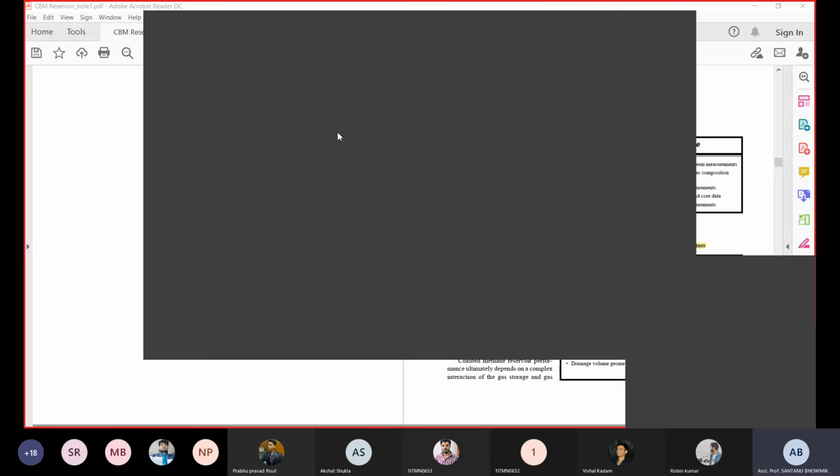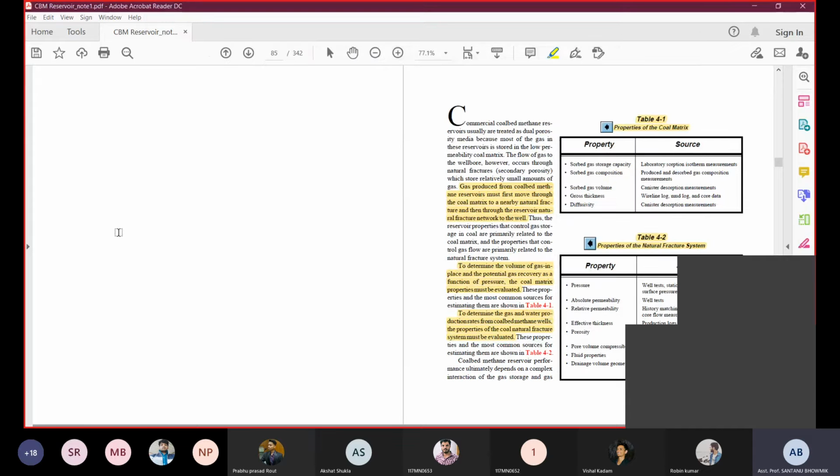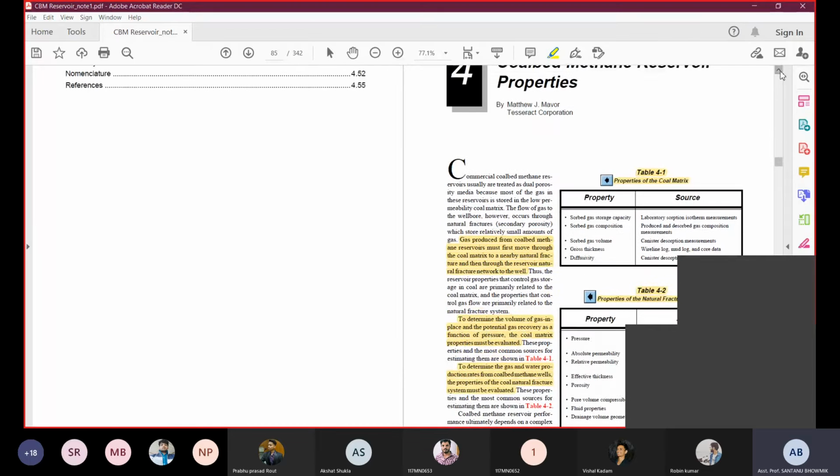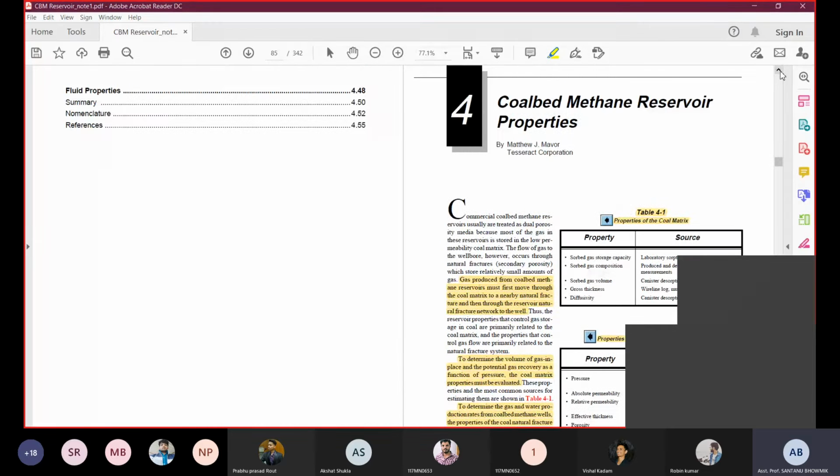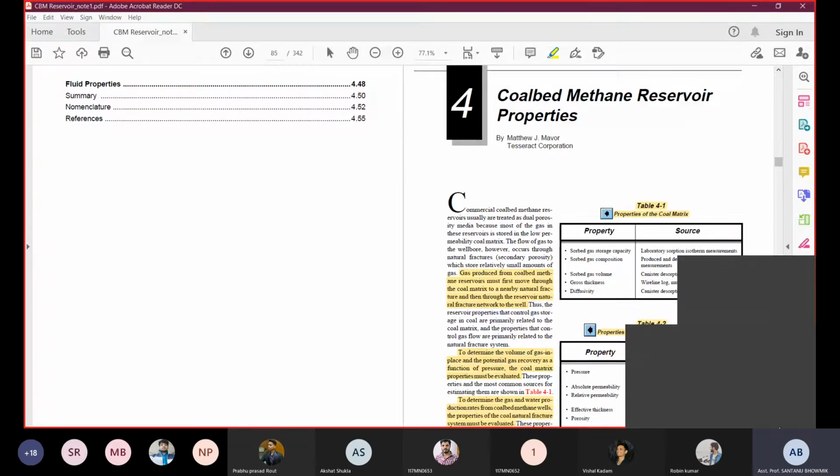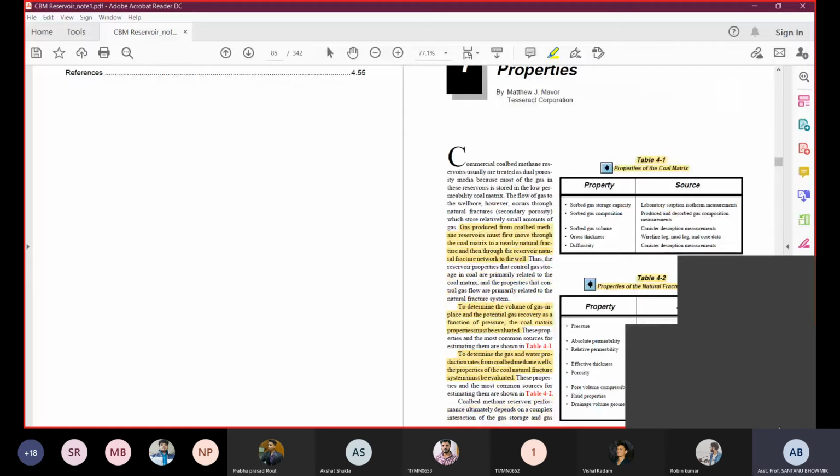So let us join with the fourth chapter. Let us start the fourth chapter. This chapter is going to give you the idea about the coal bed methane reservoir properties, the detailed analysis. From the initial few chapters, we have seen that the coal has the coal matrix and some natural fracture systems.